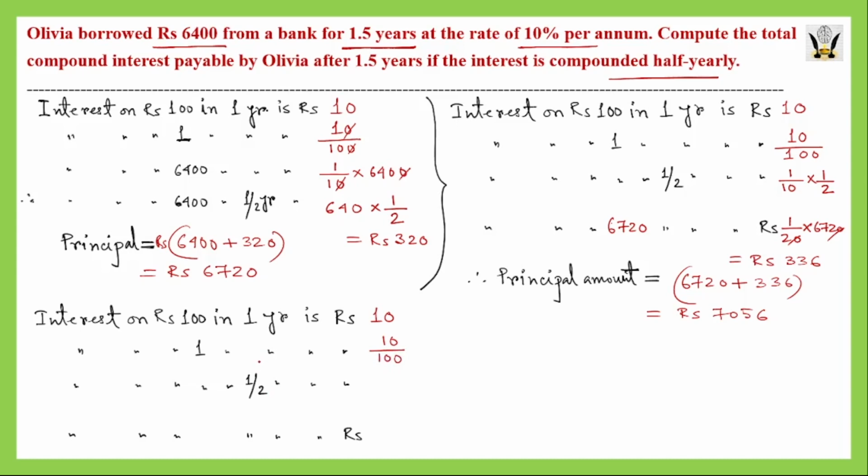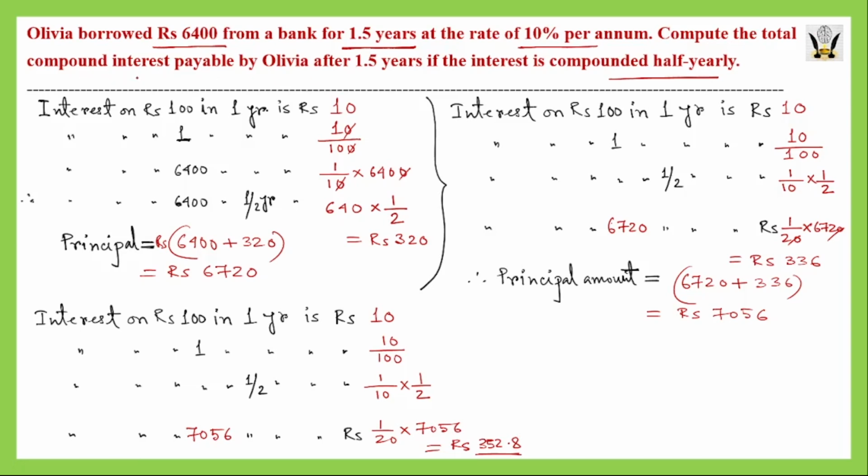But if the time period is half year, means 6 months, then it will be 1 by 10 multiplied by half, and this is the interest when the principal amount is 1. But when the principal amount will be 7056, this interest, which is 1 by 20, will be multiplied by 7056, and if we calculate further, then this amount will be rupees 352.8.